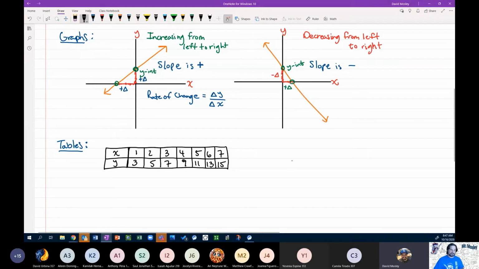We can also show the same table as what's called a t-table, which we've also seen, where the table is written vertically instead of horizontally. And typically x is written on the left and y is written on the right.